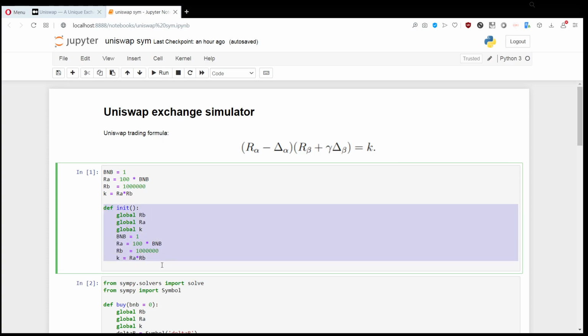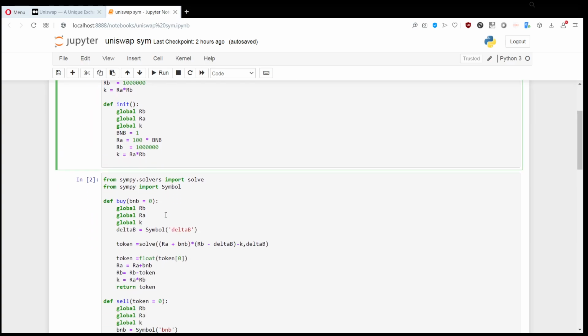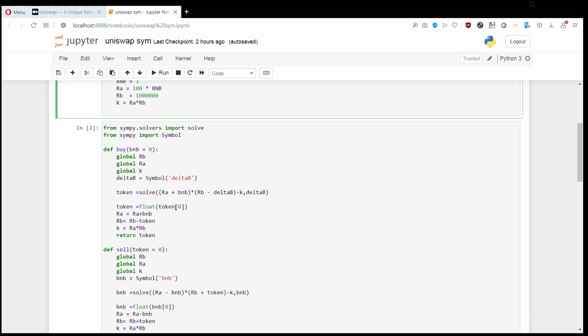I have an init function that resets the exchange, so we can run different scenarios. I set up 100 BNB, 1 million tokens, and the K value. For an exchange to work, I need a buy and a sell function.